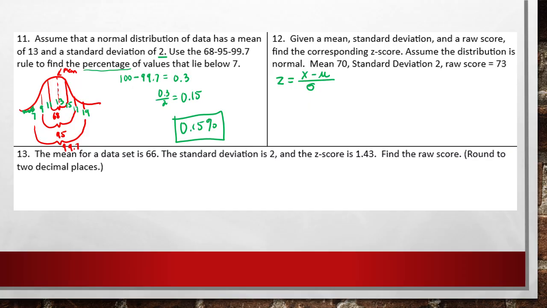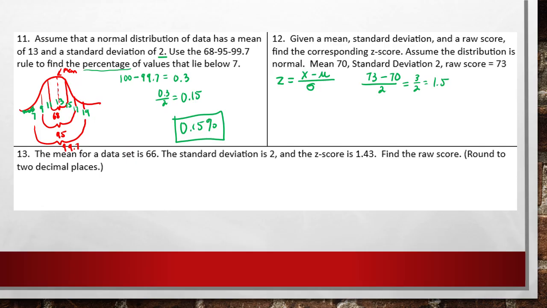Okay, so let's plug in to find our z-score. We're just going to plug in our x, which in this case was our raw score of 73. Our mean was 70, and our standard deviation was 2. So 73 minus 70 gives us 3 over 2, which is, as a decimal, 1.5.